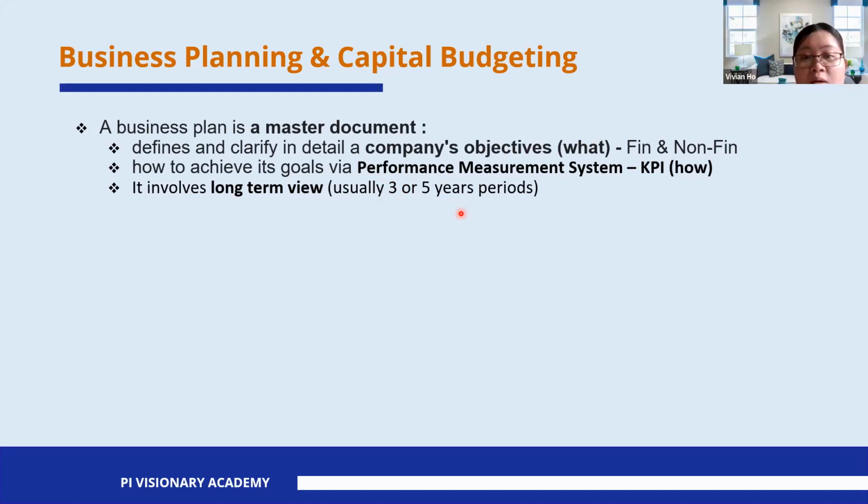Jimmy, the company's objective, is it finance and non-financial? The finance one, besides GP, there can be that many financial indicators. Example, GP, net profit.